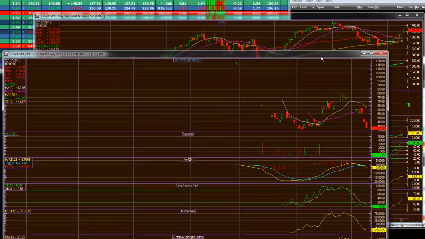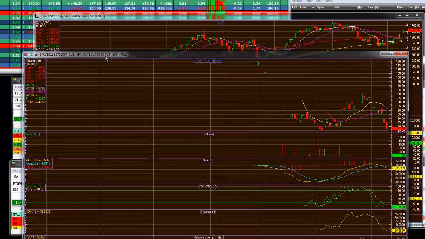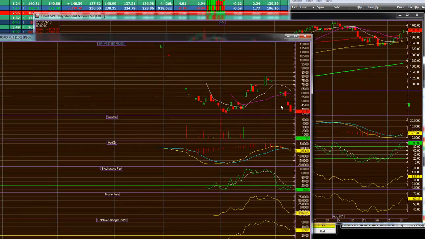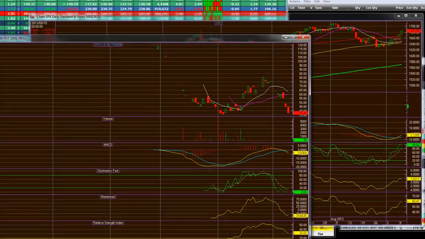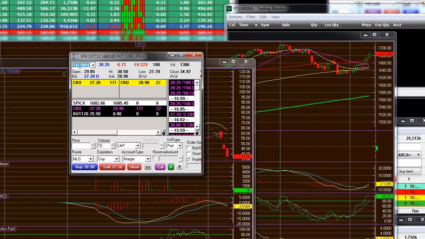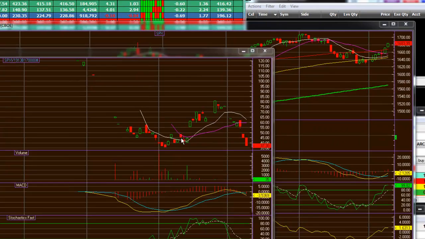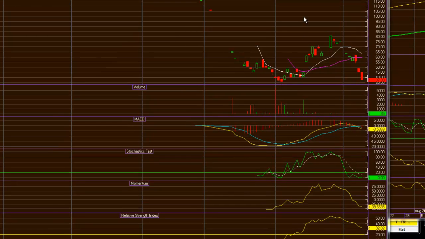Then, as you can see here, we're going to go back and buy the $1,700 put. There is a 1680 regular put that was $34.97. They got marked down to $27.70, down 19.2%. That means the put side to call side ratio is totally deflated as it once was over here, when we had the correction.